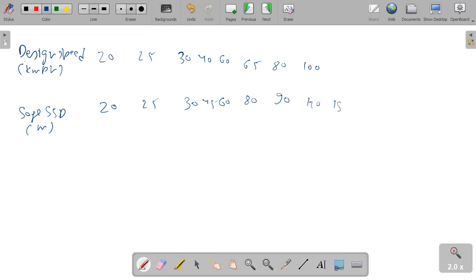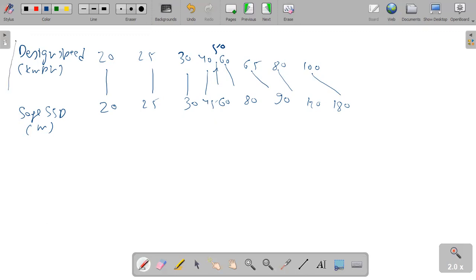So 20 gives 20, 25 gives 25, 30 gives 30, 40 gives 45, 50 gives 60, 60 gives 80, 65 gives 90, 80 gives 120, and 100 gives 180. Do remember this table.